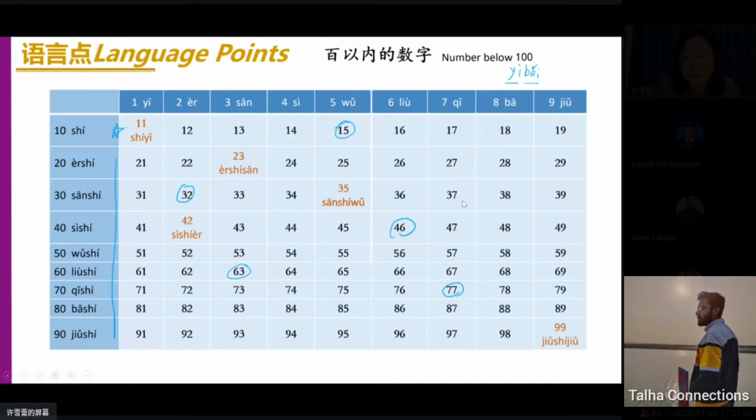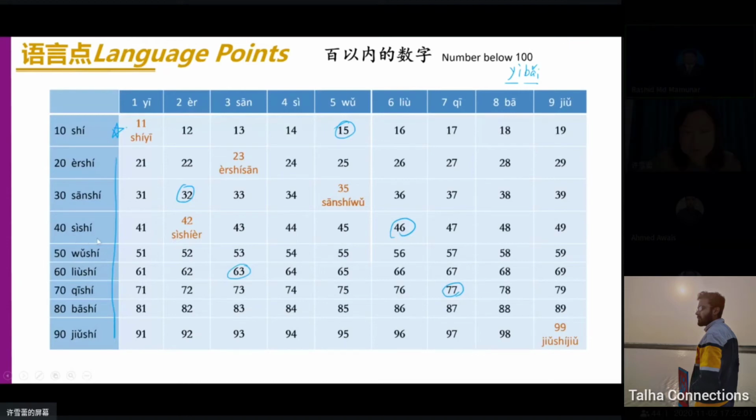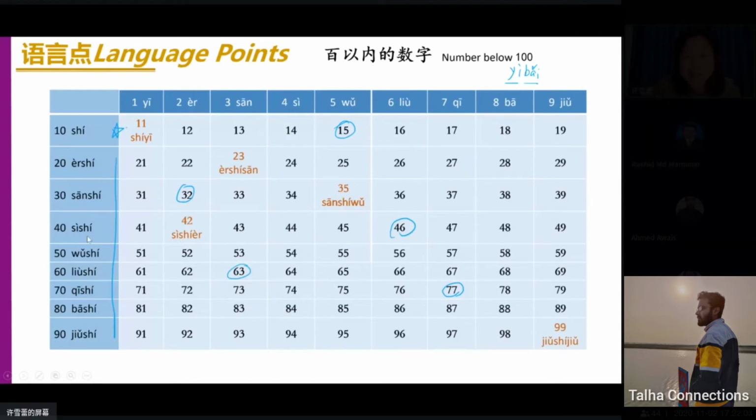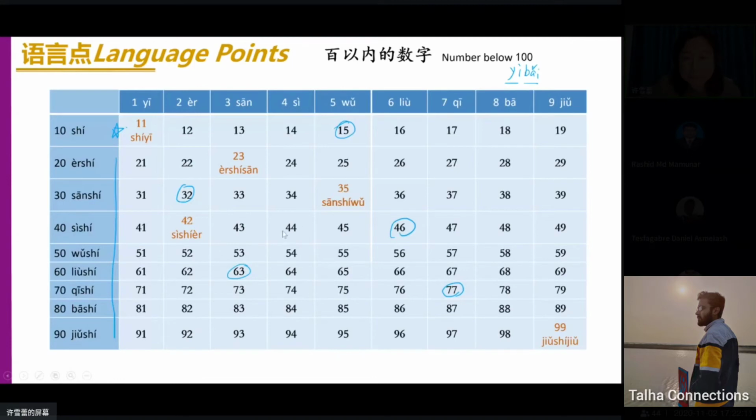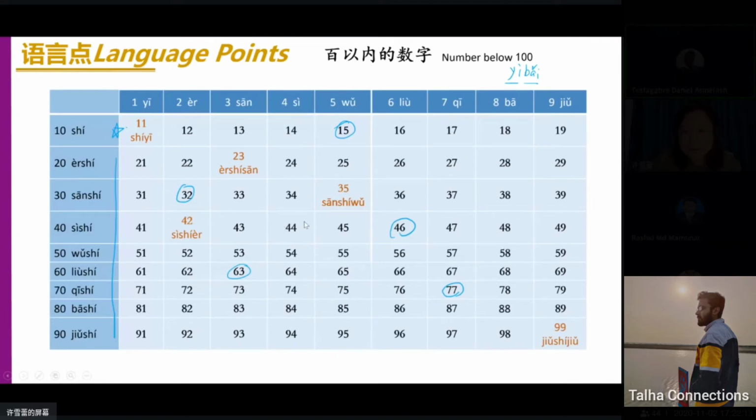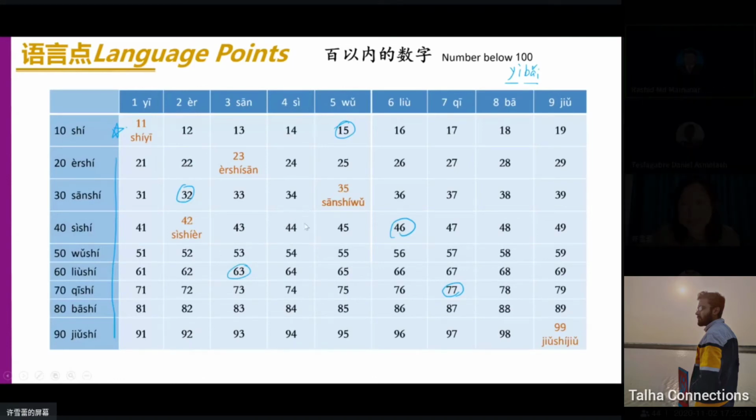Yeah, they are the same. They are read the same way. Now let's turn to 40. Read this one. 42. And what about this one? 44. Great.